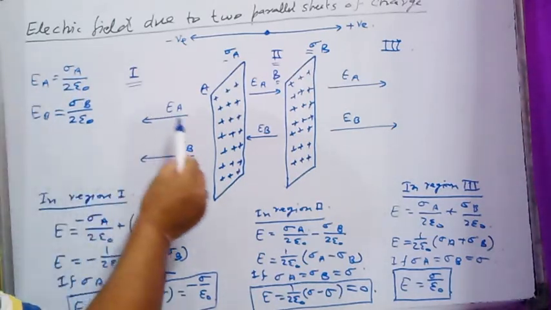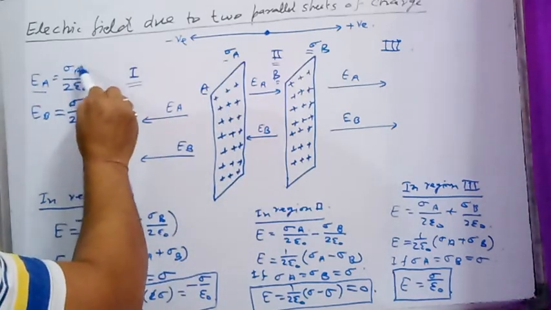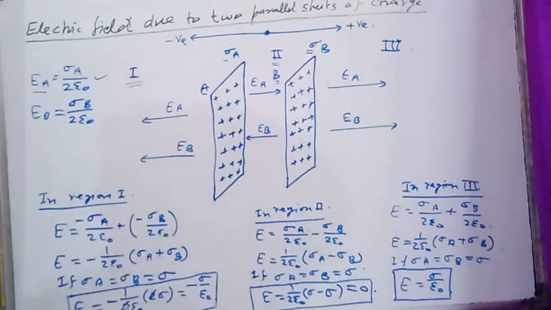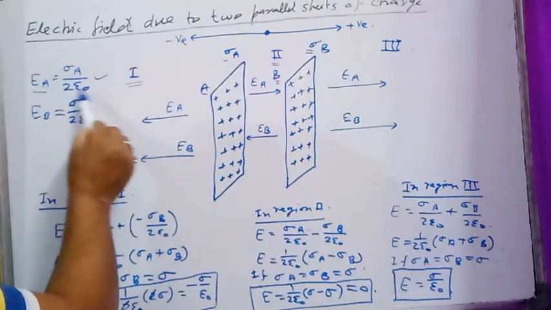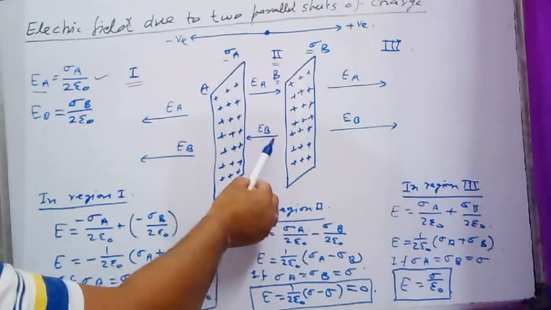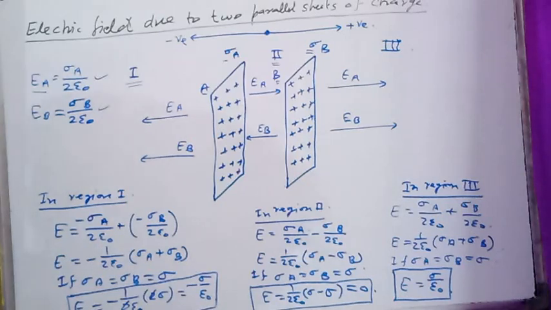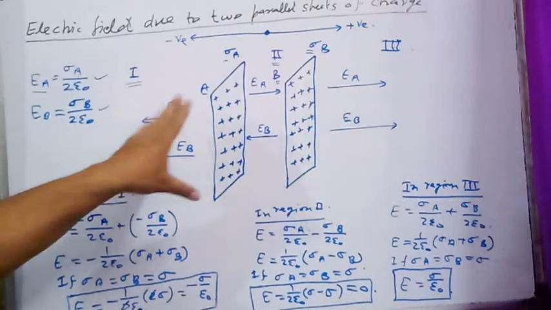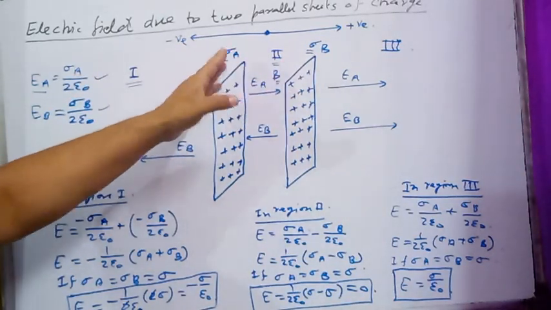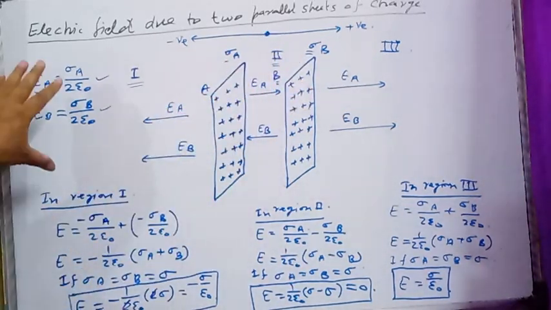Therefore electric field due to sheet A, EA is equal to sigma A divided by 2 epsilon naught. Similarly, electric field due to sheet B, EB is equal to sigma B divided by 2 epsilon naught, as surface charge densities of both the sheets are assumed to be different.